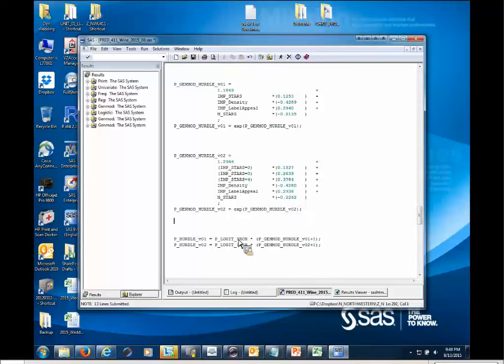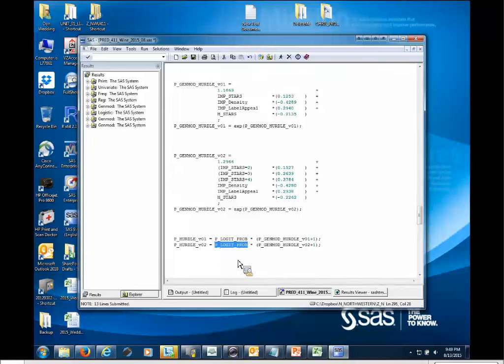Then I simply take this, add 1, because remember we subtracted 1, we have to add it back. And then we take this one, we add 1 back, and then we multiply them both by this probability value.